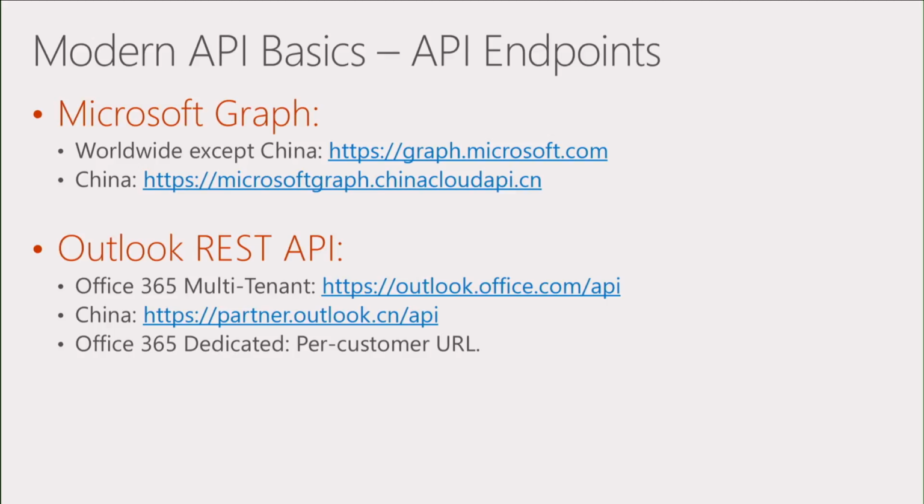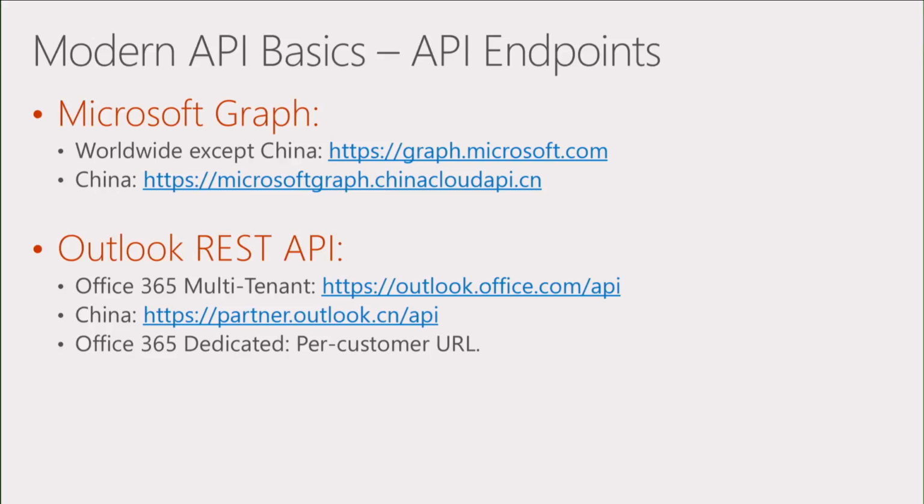China has its own URL for the same reason, because that's a separate instance. And there are a lot of large customers, some of you maybe in that pool, where we are running a dedicated environment. In that case, the customer actually wants a vanity URL, a customer specific URL, which is tied to maybe their auth infrastructure. So there is a per customer URL.